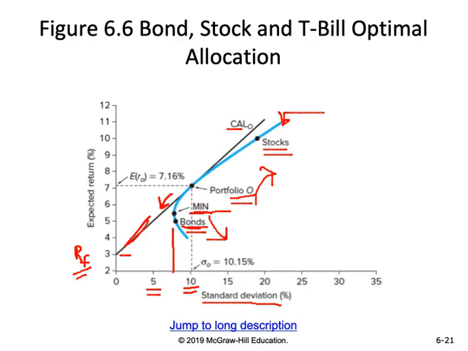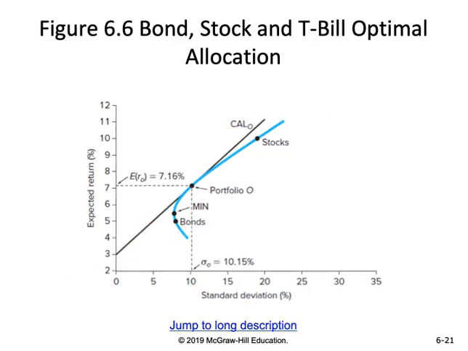And so that is adding a risk-free asset to, in this case, a two-security optimal portfolio. And we'll look at later efficient frontiers made up of more than two assets. So that's kind of a recap of what we covered in the last couple videos.